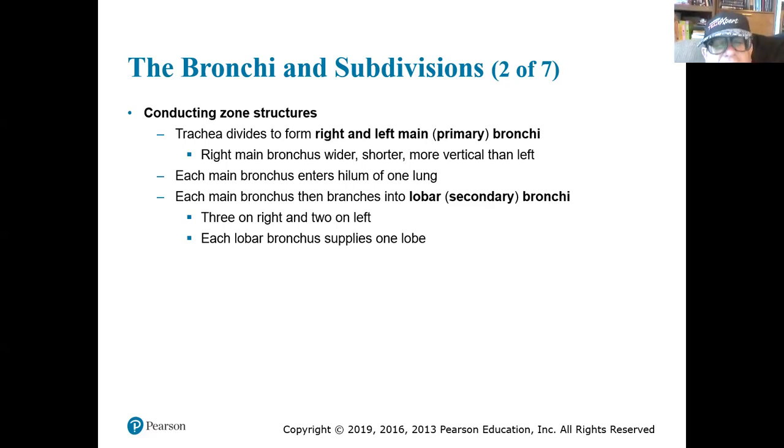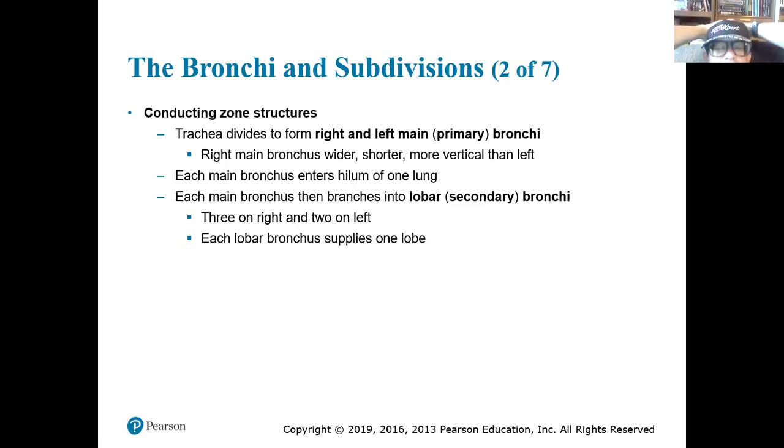Each main bronchus enters the hilum of a lung, that's a concave area. The hilus is where the bronchi go in. Each primary bronchus then branches into lobar bronchi, secondary bronchi.